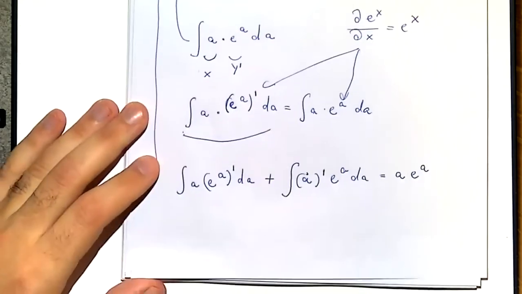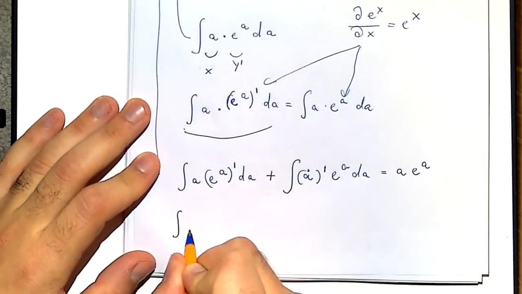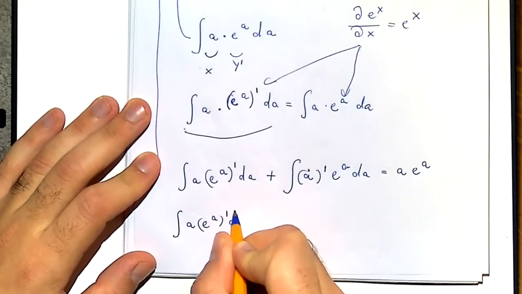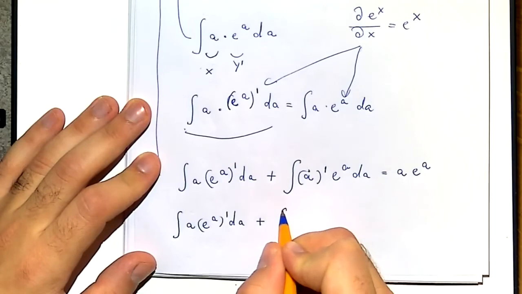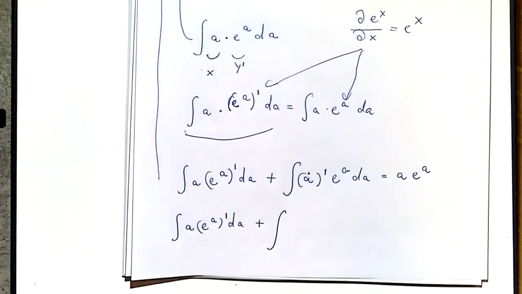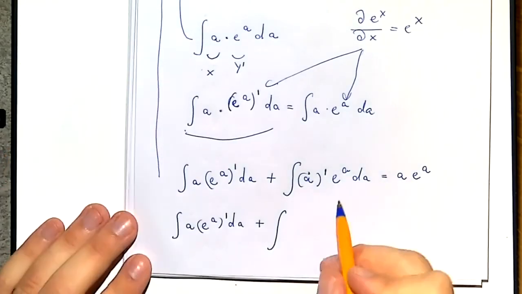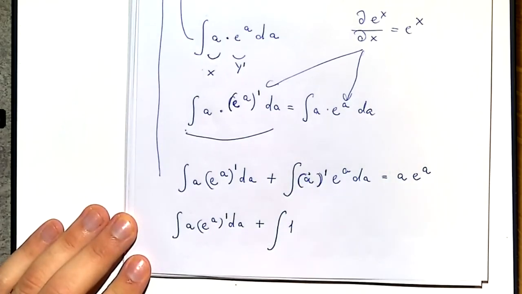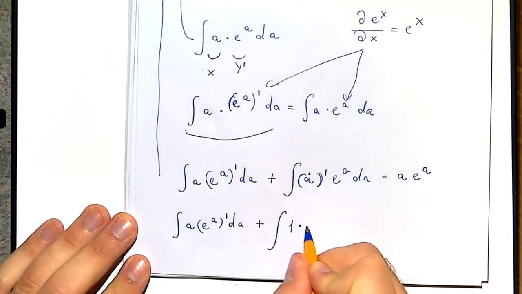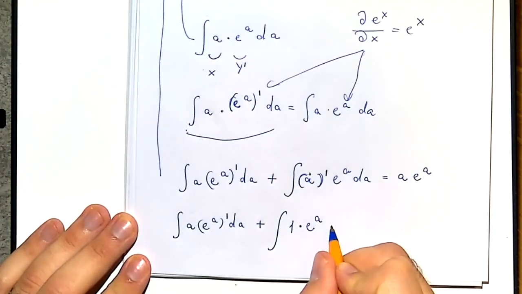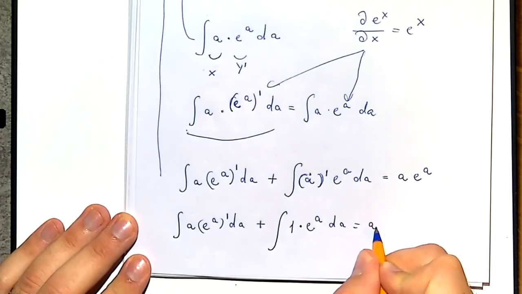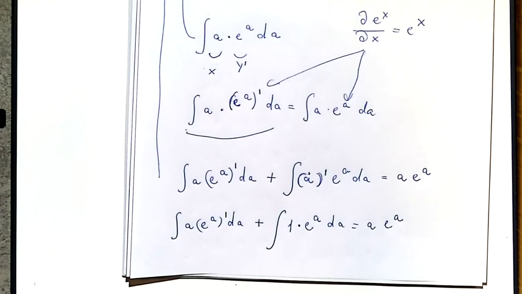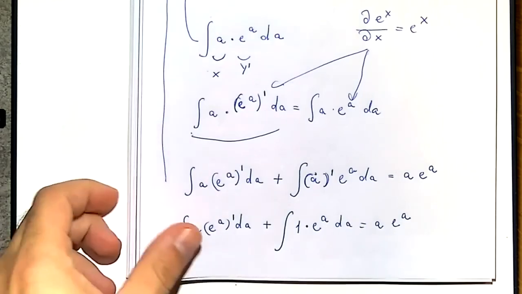Now, if I compute, I get this integral of a (e^a)' da plus, what is the derivative of a with respect to a? 1, multiplied by e^a da, has to be equal to a e^a.